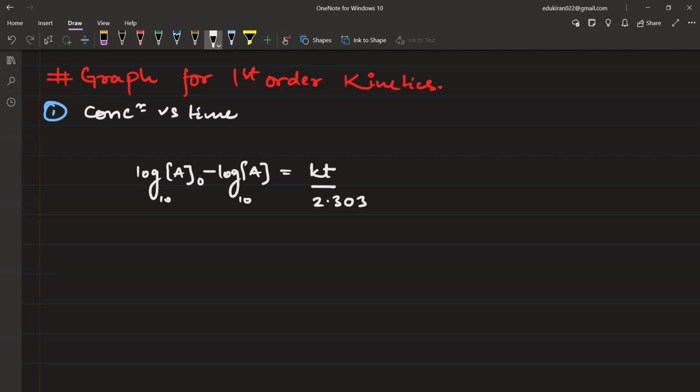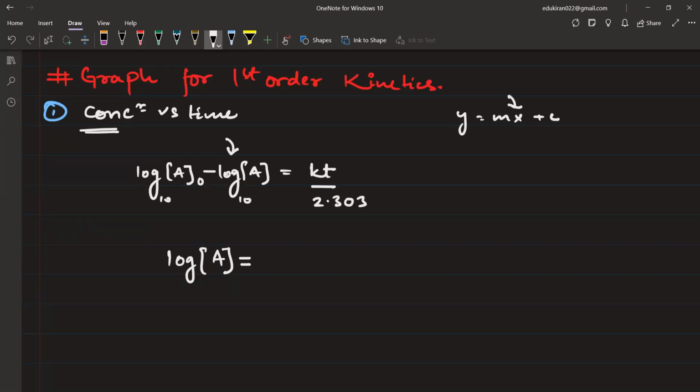Now here what we are going to do again is represent this as y is equal to mx plus c. So what is my y? Y is the concentration, which means this part, minus log of A. So I will write log of A is equal to y is equal to mx plus c. What is the x here? X is the time.